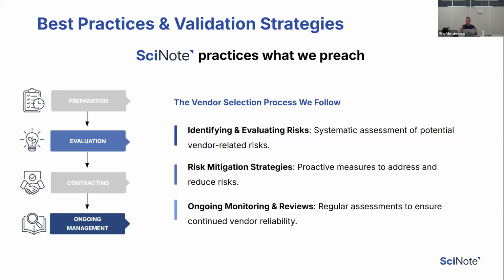We check what kind of data this vendor has access to. How critical is this data? How confidential is this data? And this is how we then assess the risk that this vendor is carrying.